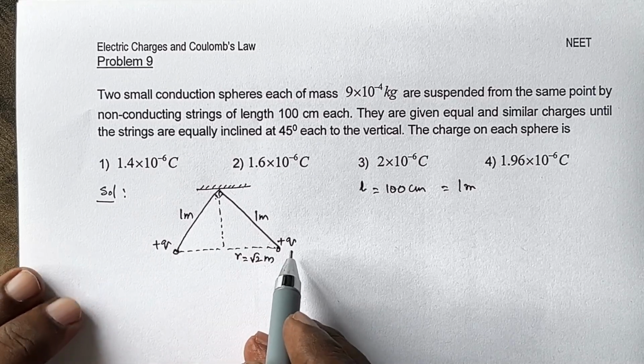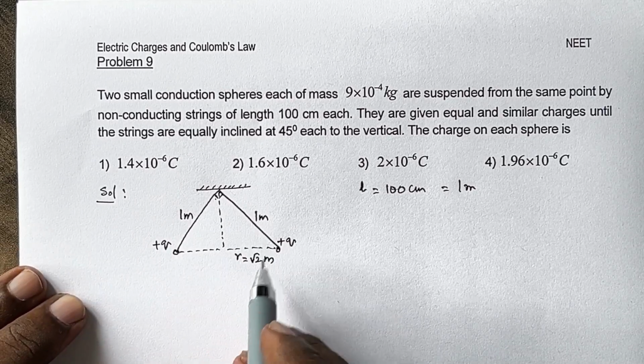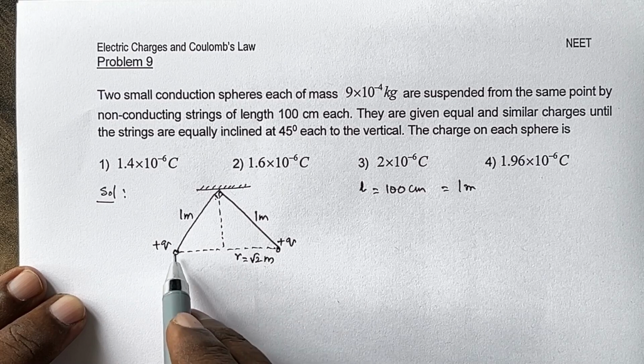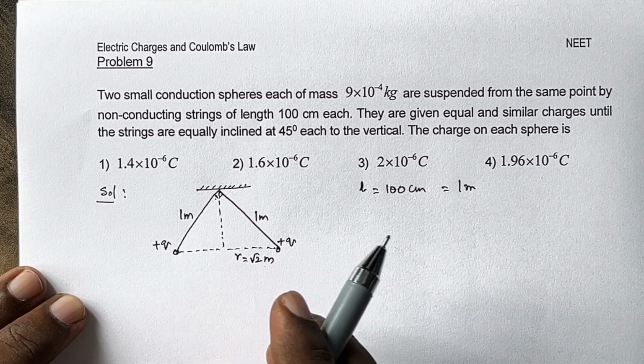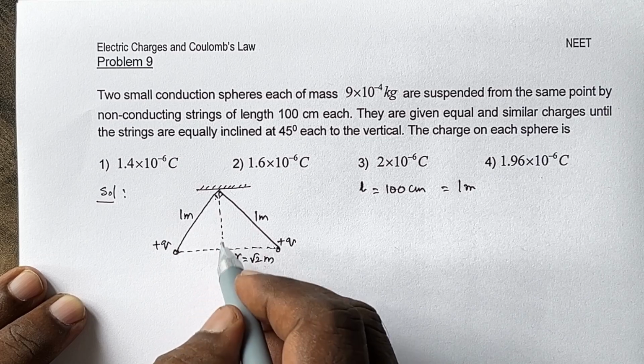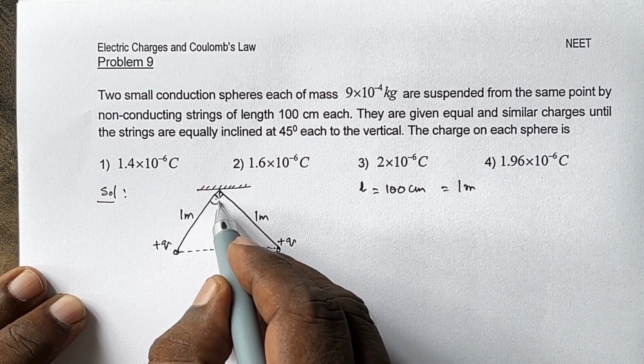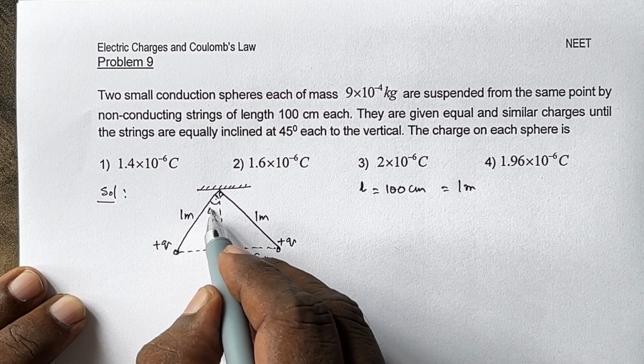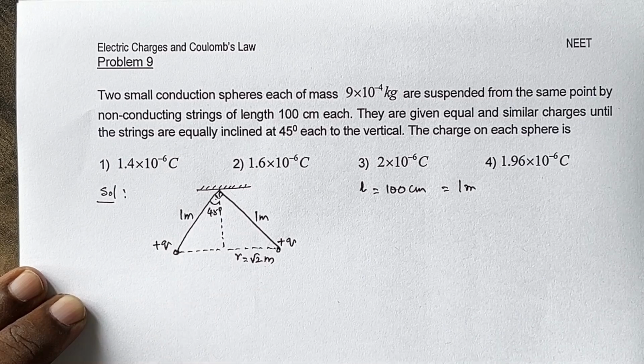So the hypotenuse value is root of 1 square plus 1 square, which is root 2 meter. This is q and this is q. Now when I draw a perpendicular here, this bisects it. This is 45 degrees.